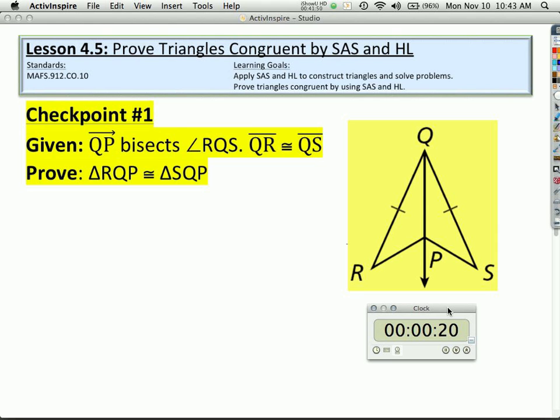This side is common. Yeah, but you have to prove RQP converts to SQP. What would jump out at you? And so then that's the definition of angle bisecting. No. I don't want.